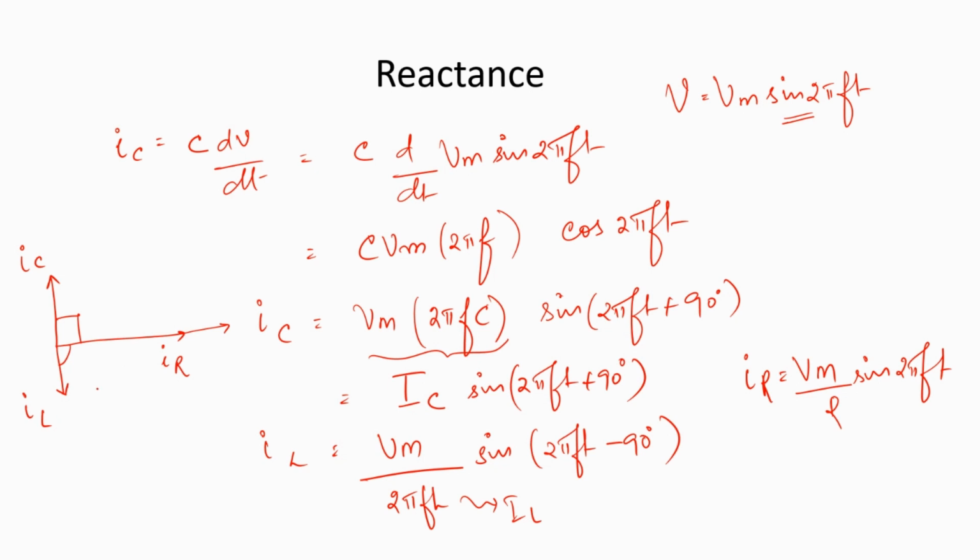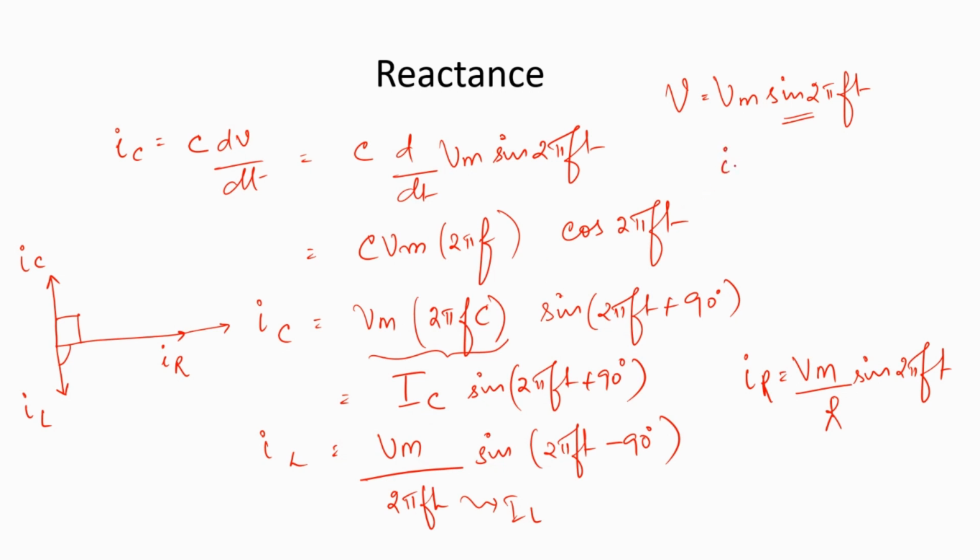Having understood this, let us now also look at the expression for XL, XC, and of course R, right? So here we know that the resistance here is resistance. And let's look at the expression for the capacitive reactance. So we know that IC is Vm into 2 pi Fc.